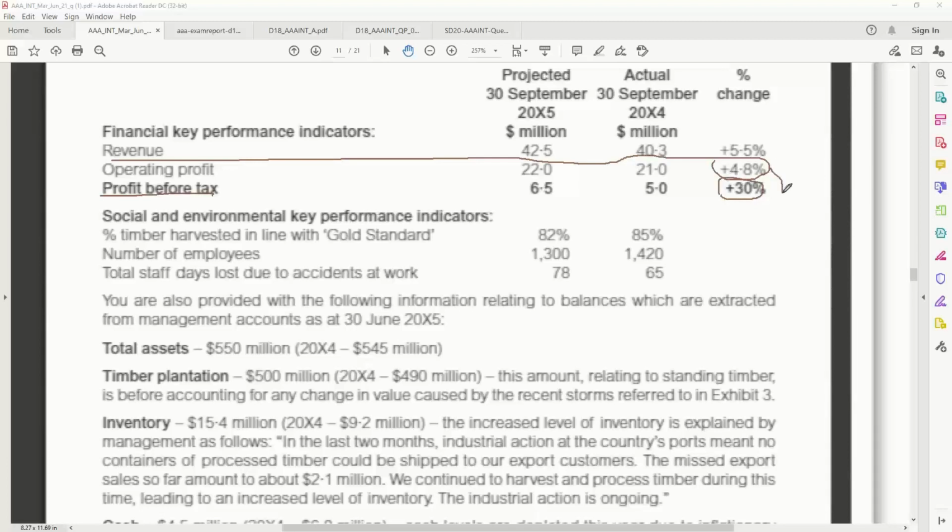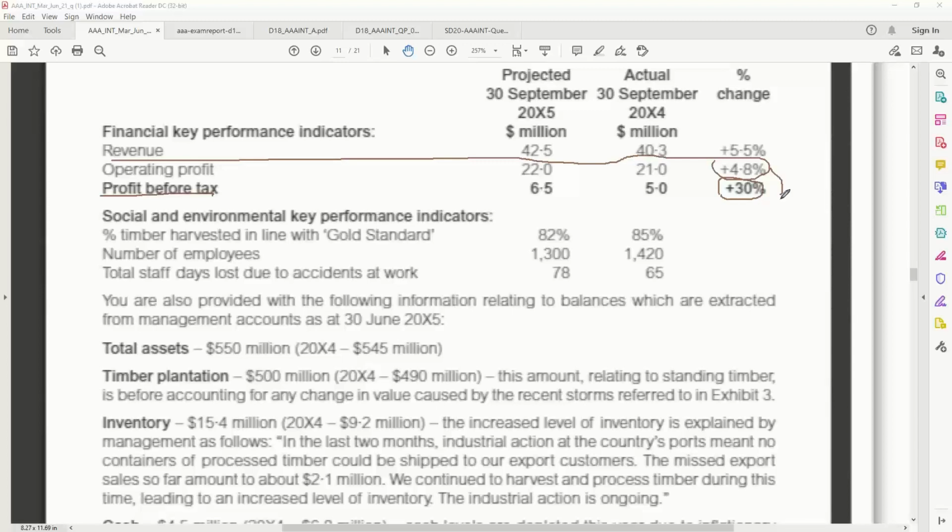Is there a risk that certain expenses are misallocated? The operating profit has increased by 4.8 and the bottom line, the profit before tax, has increased by 30. Is there a risk that certain operating expenses have been understated or misallocated between operating profit and profit before tax? Is there a risk of understatement of expenses highlighted through the 30% rise in profit before tax?